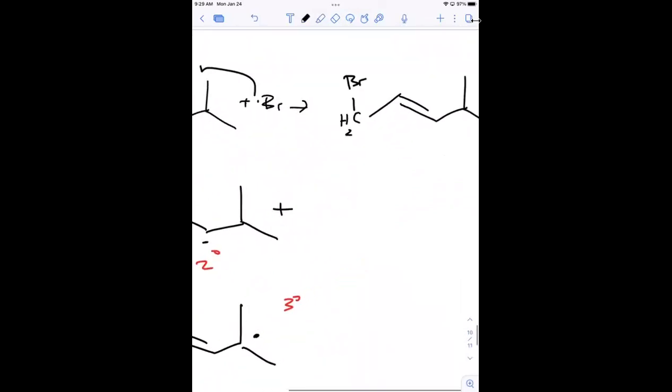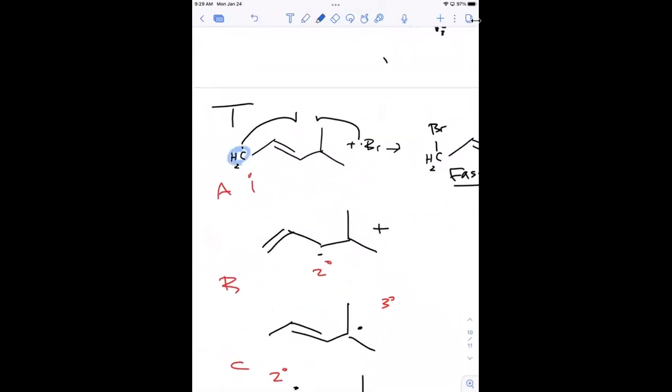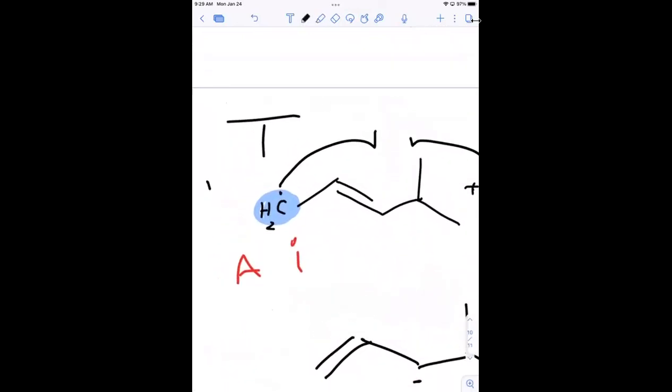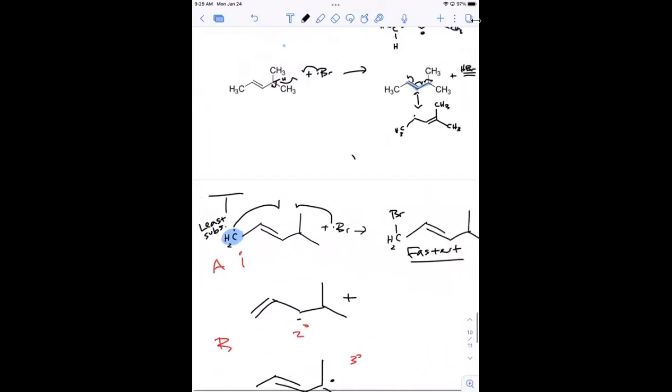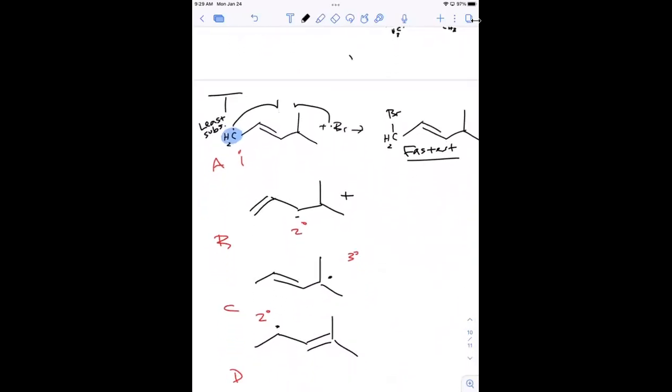So we know that this is going to be the fastest, because this radical right here is the least substituted. So I can squeeze that in there. Least substituted, so it's primary. All right, and then let's go ahead and bring all this over.